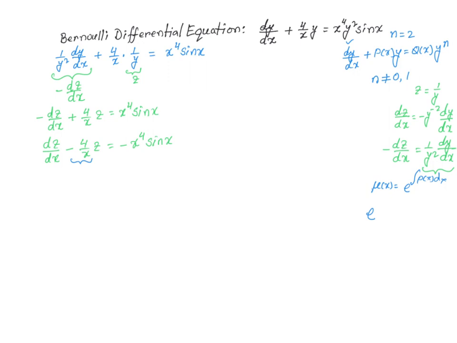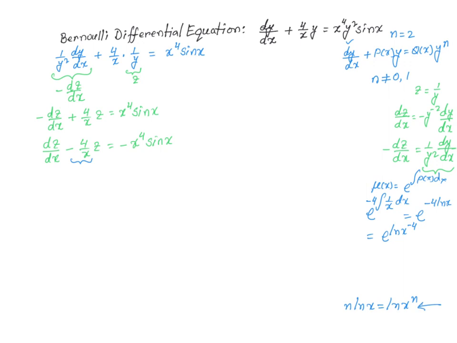So it's going to be e to the power integral negative 4 times 1 over x dx, which is e to the power negative 4 times ln of x, that is equal to e to the power ln of x to the power negative 4. I use the formula n times ln of x is equal to ln of x to the power n. That's the formula I used.